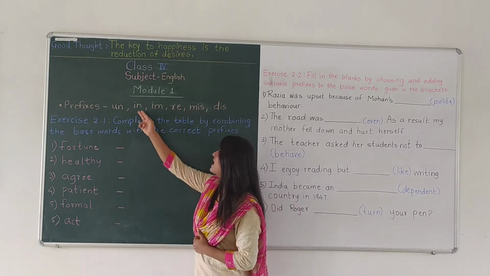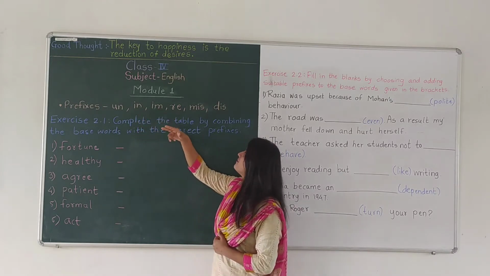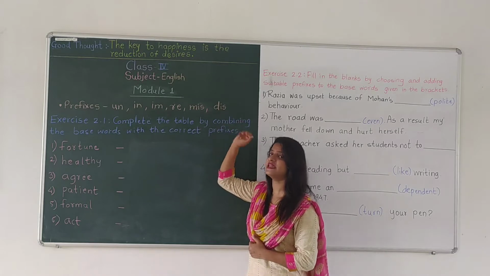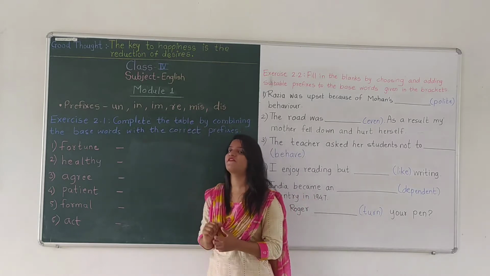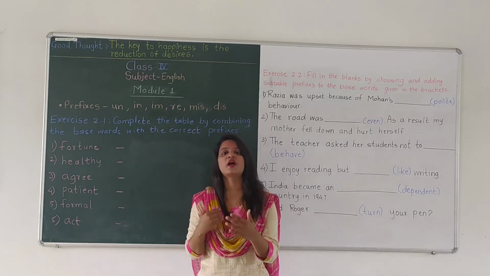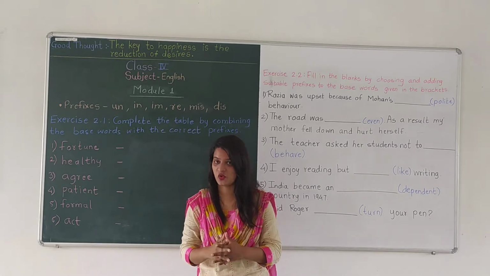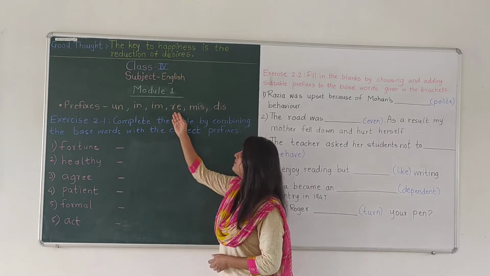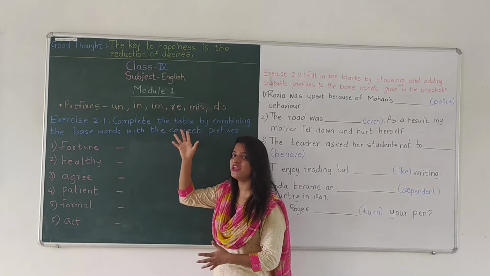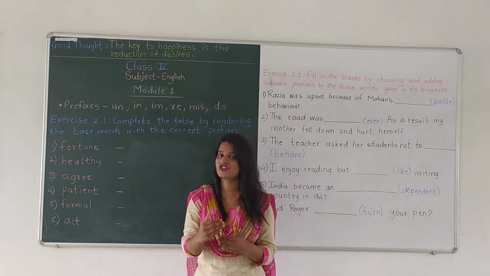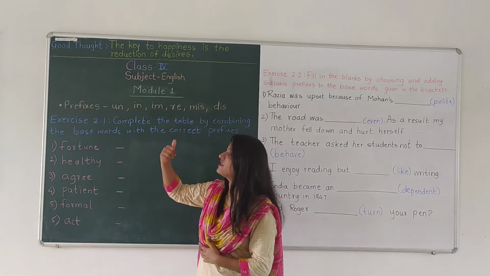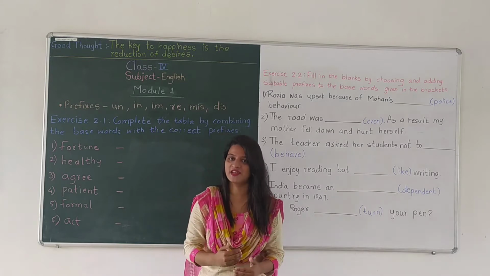Now the prefixes in, im, mis, and dis, these four prefixes are used to convey the opposite ideas. Whereas the prefix re is used when the action is done again. Re means to do it again.